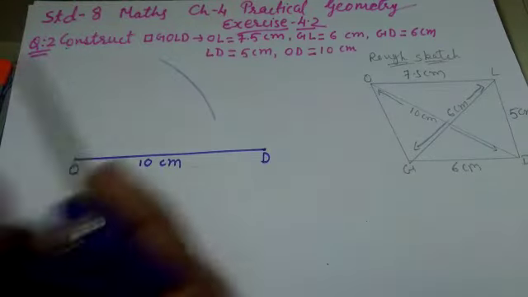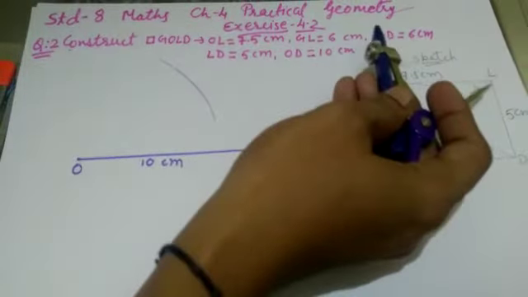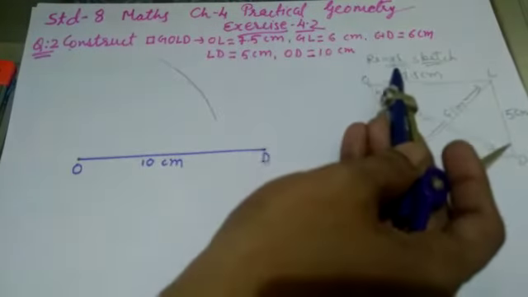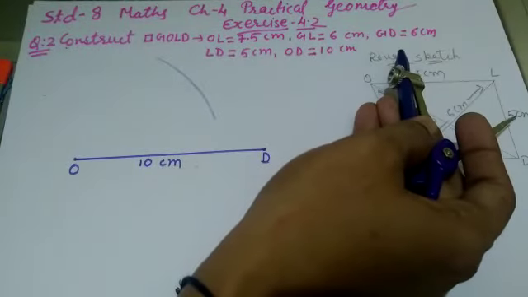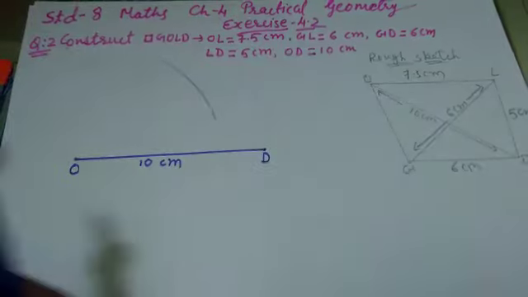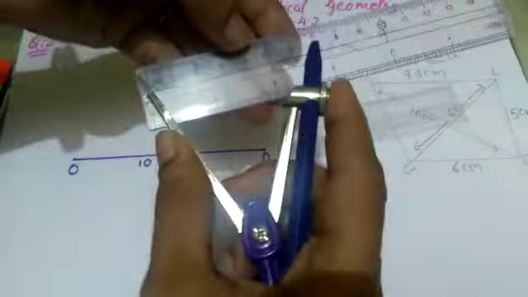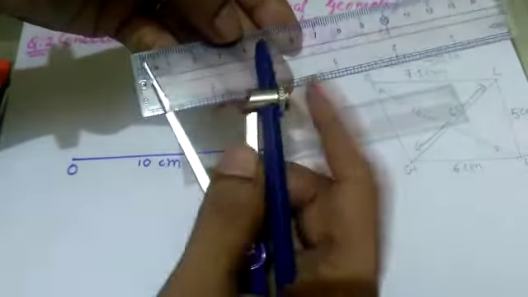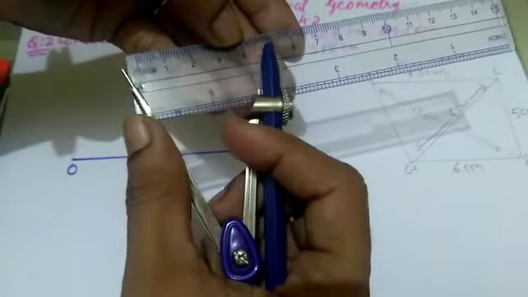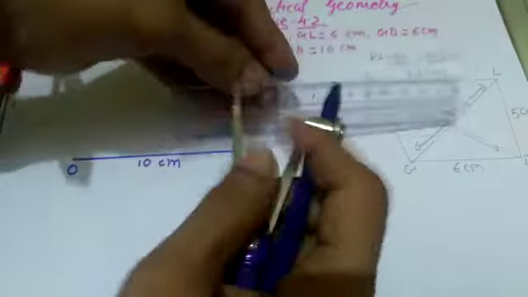Okay, then we will construct now line segment LD of 5 centimeter. So now we will adjust radius 5 centimeter on compass. With the help of scale and compass we will adjust 5 centimeter radius this way.